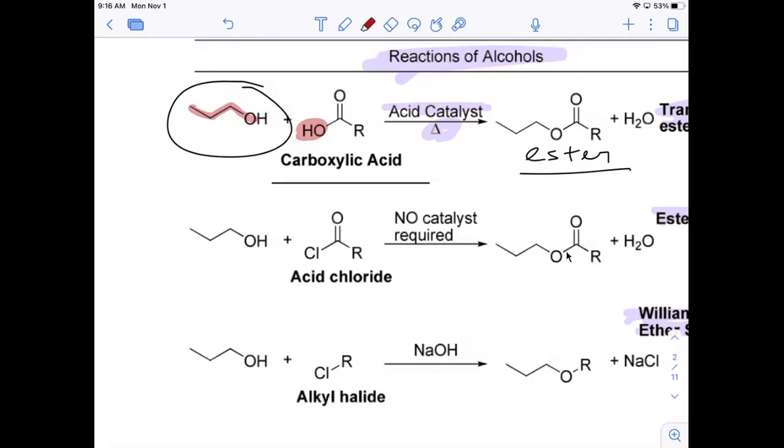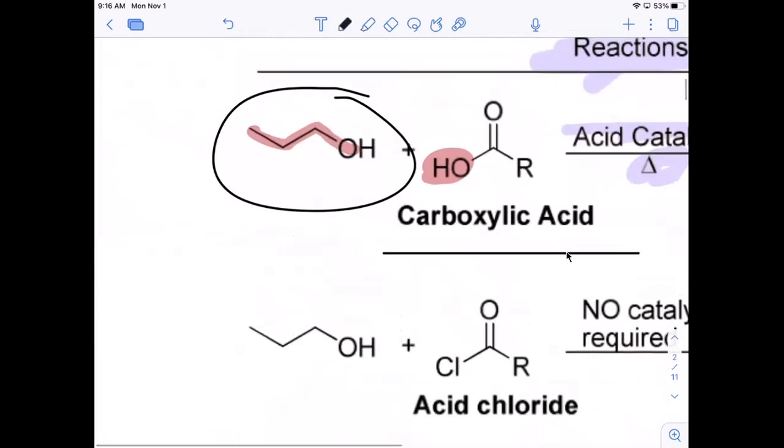So it looks like substitution, right? It looks like you swapped, which we did. We swapped out the OH on the carboxylic acid for the alkoxy group. That's this part right here of the alcohol, right? The alk for the chain, and the oxy for the oxygen.